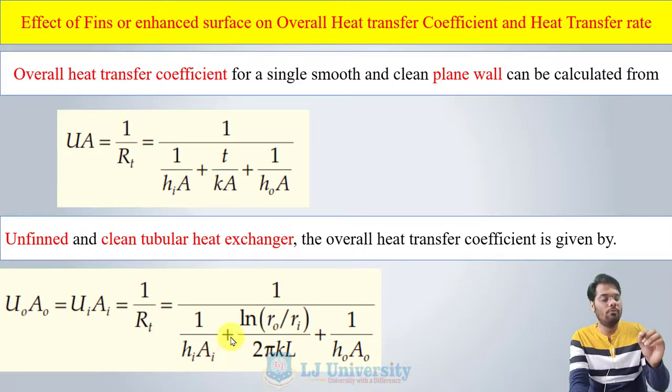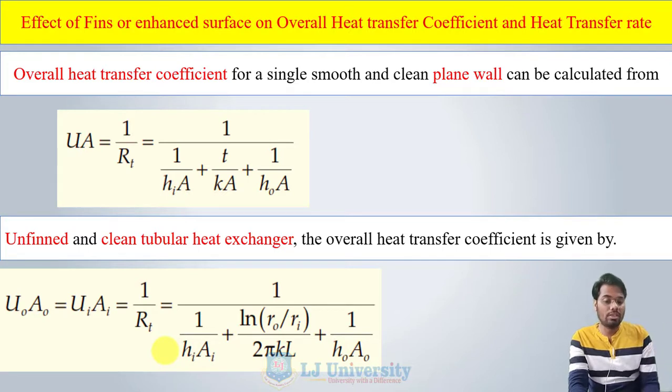Then the heat will flow through the thickness of the pipe, so the conduction resistance for the circular pipe is ln of ro upon ri, outer radius to inner radius, divided by 2 pi kL, where k is the conductivity of the pipe material and L is the length of the pipe. Then after heat reaches the outer surface of the pipe, it will flow to the cold fluid or the outer side fluid.